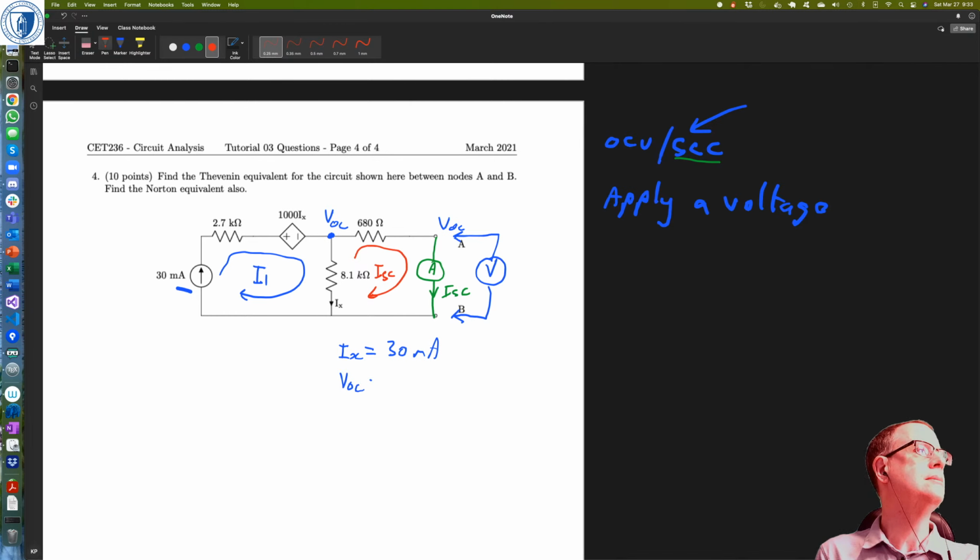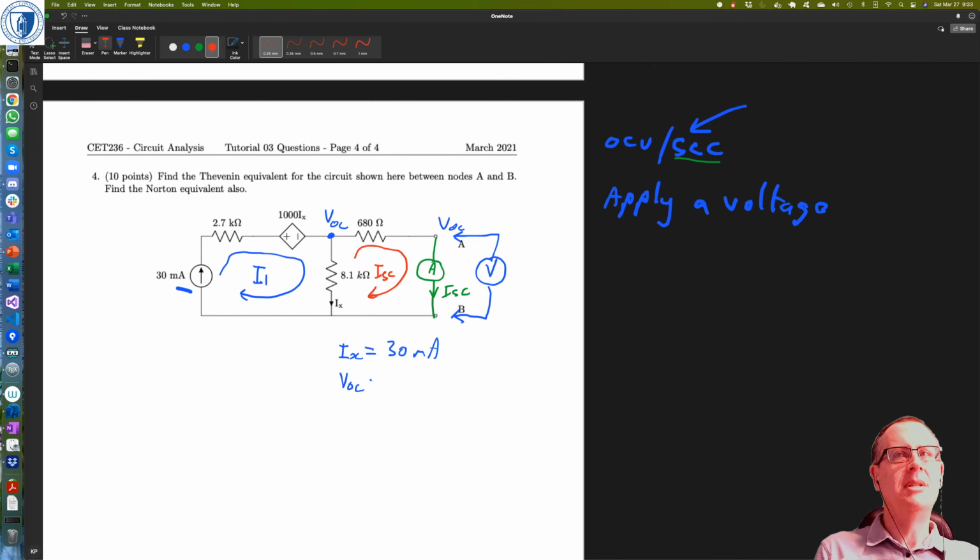In both cases, as you said, we need to find VOC, either for the open circuit voltage and short circuit current. Right, so there's sort of two circuits you've got to analyse. One of them is when there's nothing connected between A and B, and the other one is where you've got a short on A and B. But in both questions 3 and 4, because this technique is applicable, you do the same thing, right?